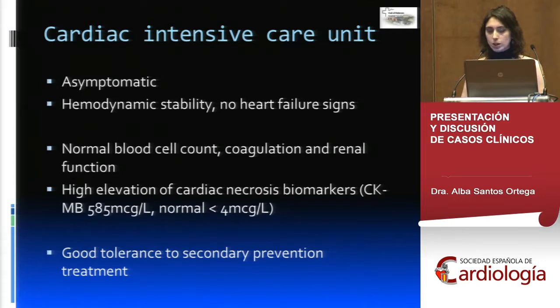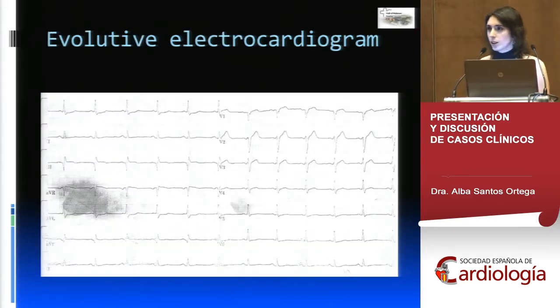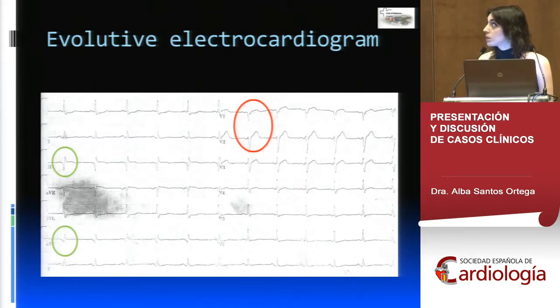As usual, we started the secondary prevention treatment during his stay at the unit, and he showed good tolerance. The electrocardiogram after the catheterization showed the appearance of Q waves on the inferior leads, as well as Q waves on the anterior leads.